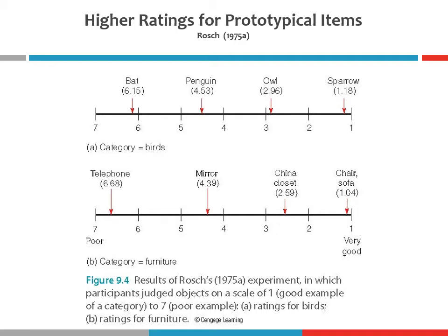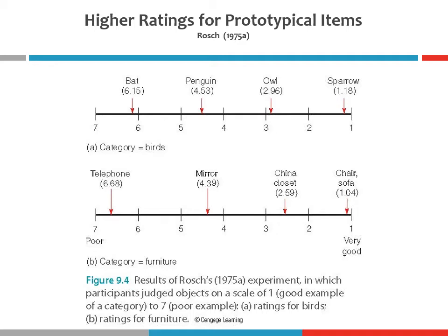So again, the 1.18 rating for sparrow reflects the fact that most people would agree that a sparrow is a good example of a bird, right? The 4.53 rating for penguin and the 6.15 rating for bat are reflective of the fact that penguins and bats are not considered good examples of a bird, right?